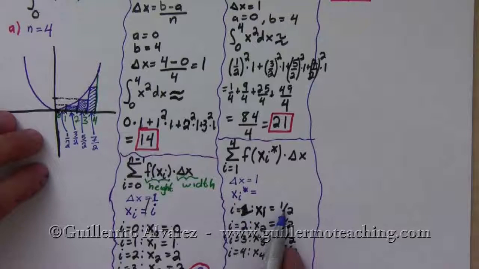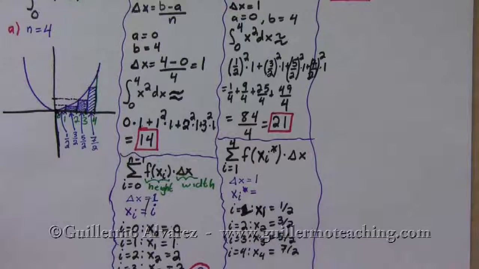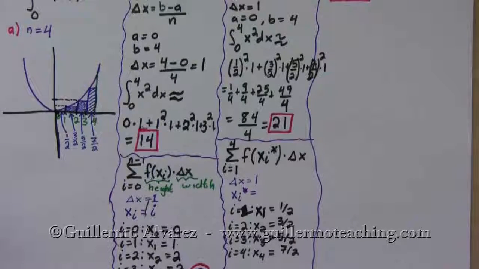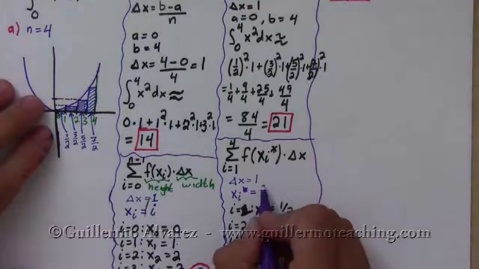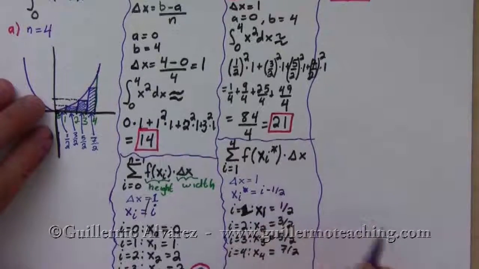So when i is 1, x sub 1 is 1/2. When i is 2, x sub 2 is 3/2. So what we can do is write it as i minus 1/2.